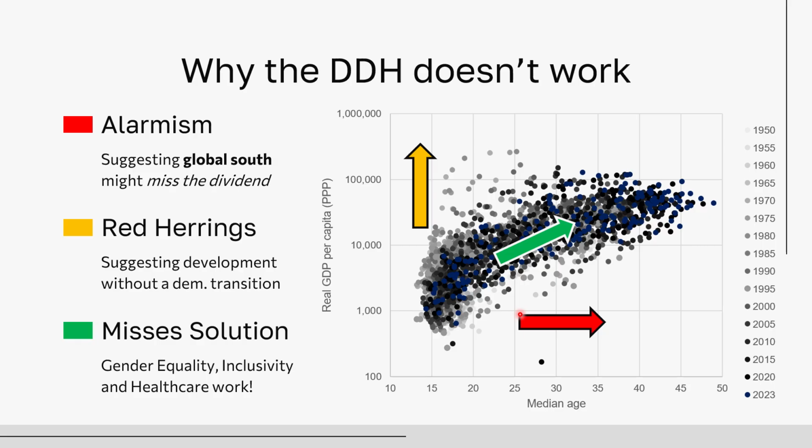So it's a rather reckless narrative, as it takes on, one might say, a certain ethnic angle. Of course, that is not the intention of the authors, I'm sure, but nonetheless, that is an interpretation that one can arrive at. The other variant of this missing dividend alarmism is the idea that poor countries might get old before they get rich.